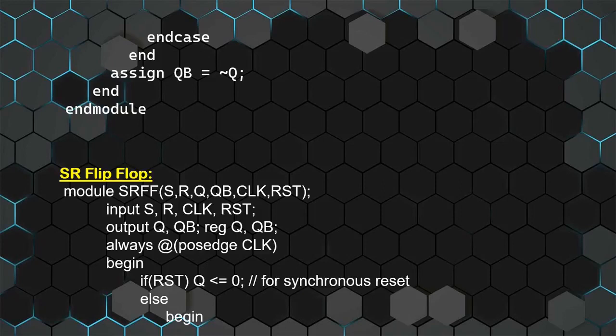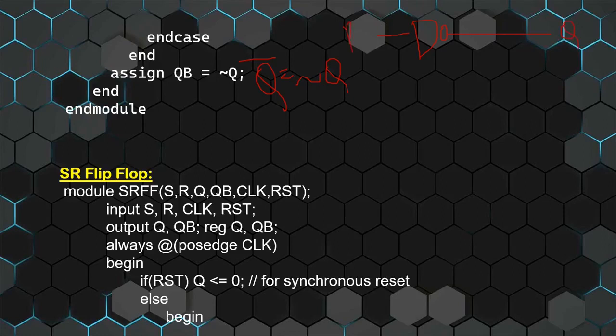D flip-flop program. And we have to assign Q bar to the complement of Q. As I said earlier, Q should be the complement of Q bar, or Q bar should be the complement of Q. In the SR latch or SR flip-flop circuit, you can notice that here we had a NAND gate, and here we had Q, right?